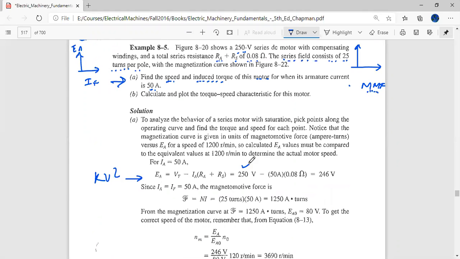Let's plug in the values. EA is equal to VT, which is given to us as 250 volts. The RA plus RS combination is 0.8 ohms, and IA is 50 amperes. So this is the operating point of the machine at which we have to investigate the machine. At our operating point, EA is equal to 246 volts, and we want to find the omega at 246 volts EA.